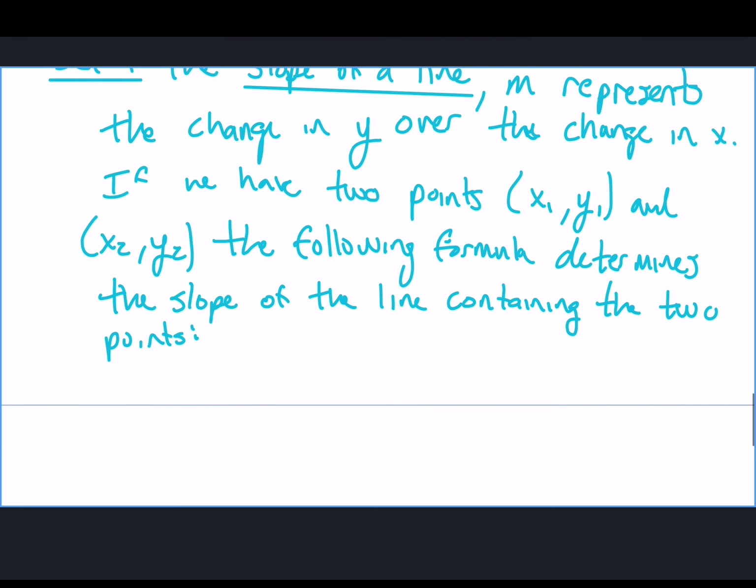Does anyone know what that formula for slope is? x2 minus x1. No, y2 minus y1. Yeah, it's y2 minus y1 divided by x2 minus x1. So it's the change in y divided by the change in x, which is our rise over run.